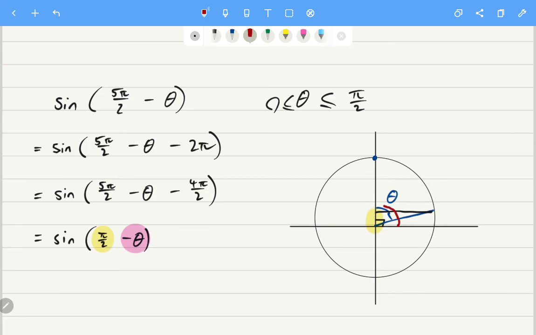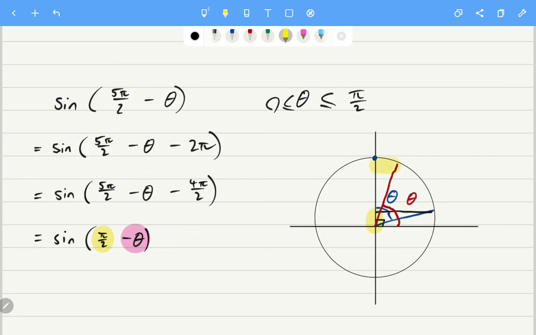What would theta look like? Regular old theta. So this red angle here is theta, and this blue angle here is pi on 2 minus theta. And so can you see that there's actually a bit of symmetry here, right?